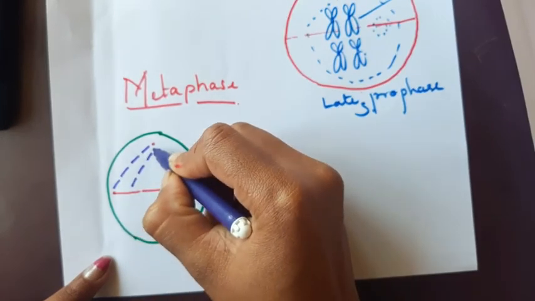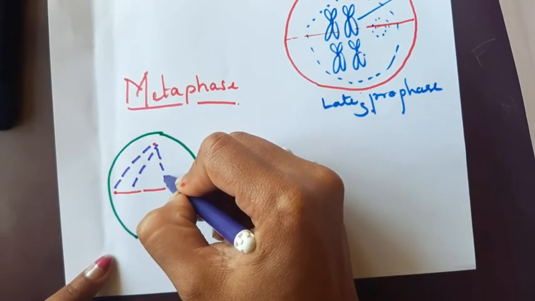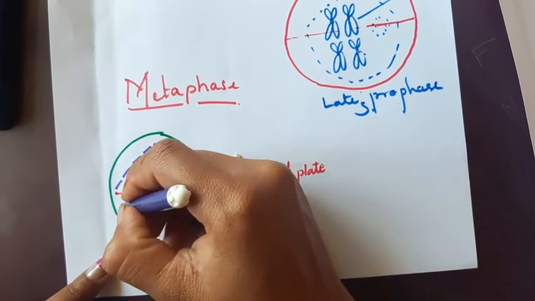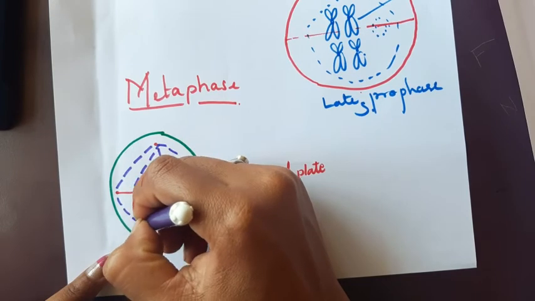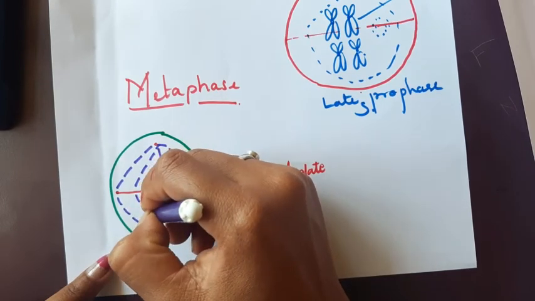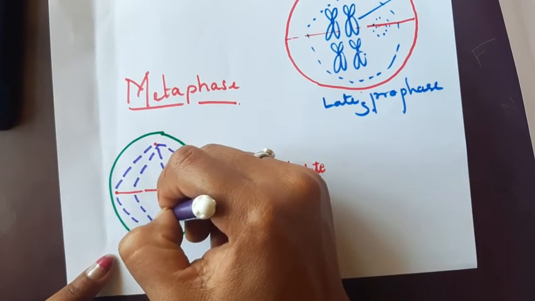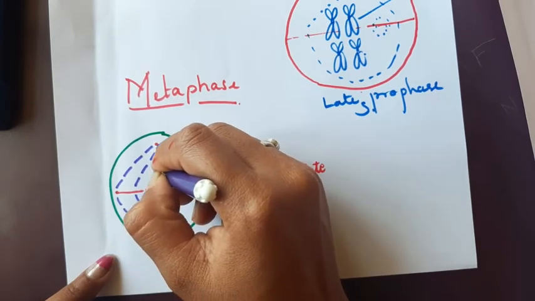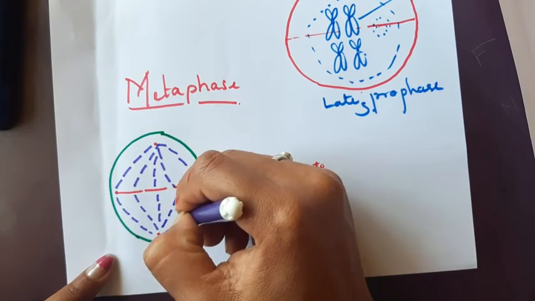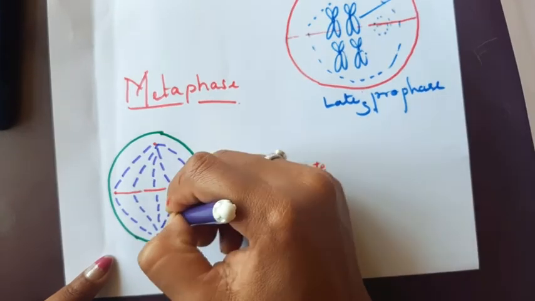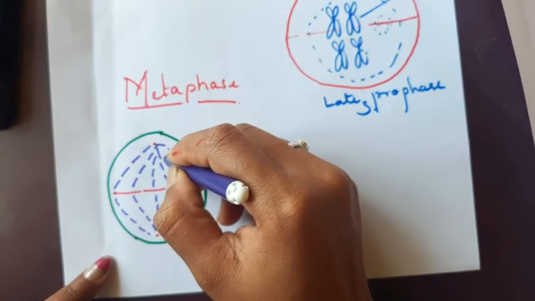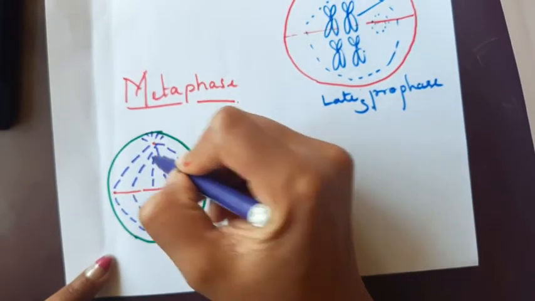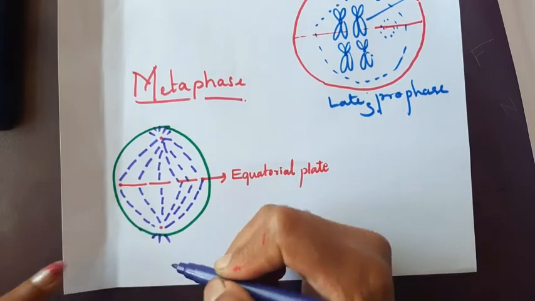Spindle fibers are going to form like this. These are the spindle fibers.